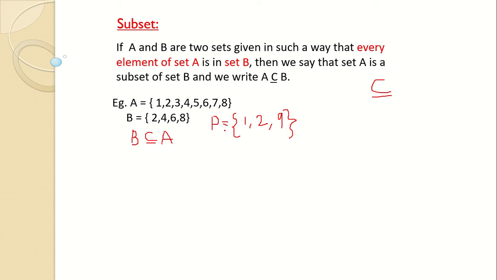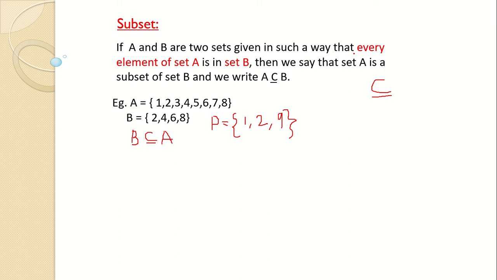Now will P be a subset of A? Of course not, because although this P looks to be a smaller set, every element of P is not there in A. So P has something extra which is not there in A.